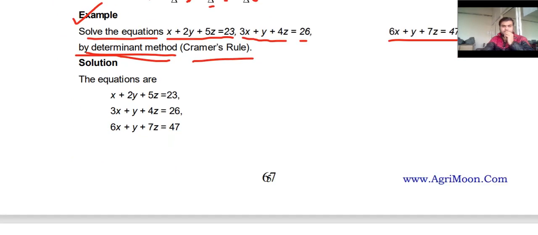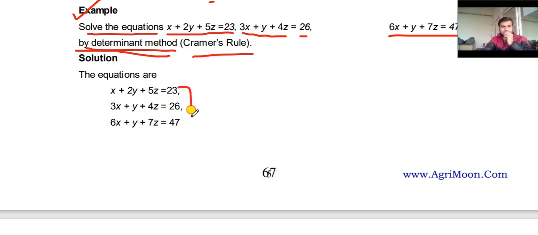So firstly we write the three equations that are given to us. Here we have to write a1, a2 and a3.